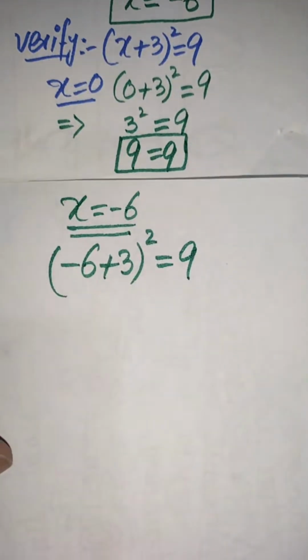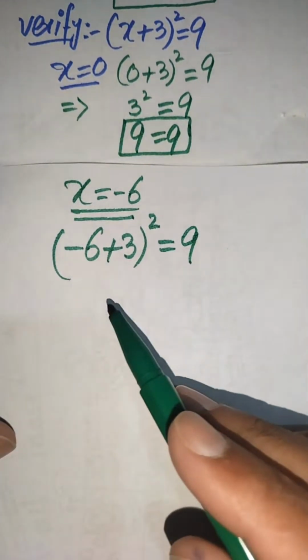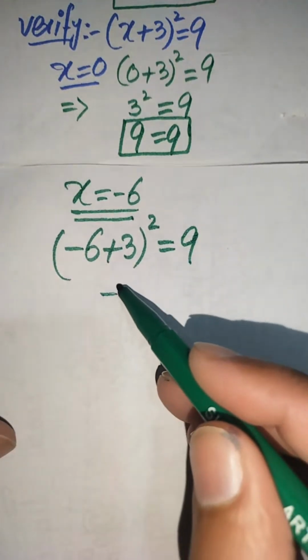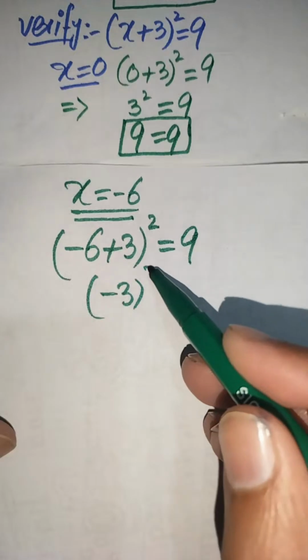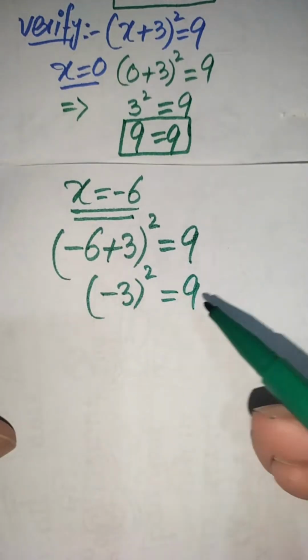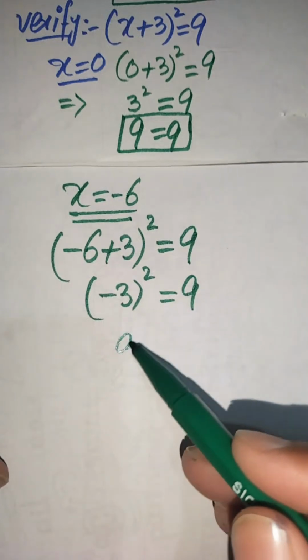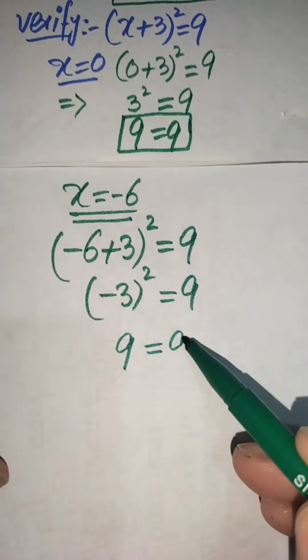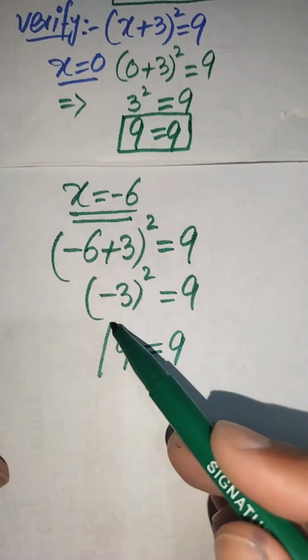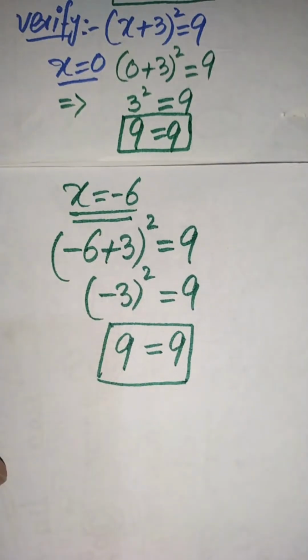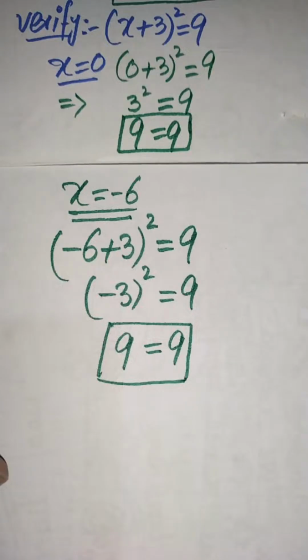And now you see here -6 + 3 is equal to -3, squared is equal to 9. And you know that (-3)² becomes 9, which is equal to 9, and this shows that the second value of x also satisfies our given question statement.